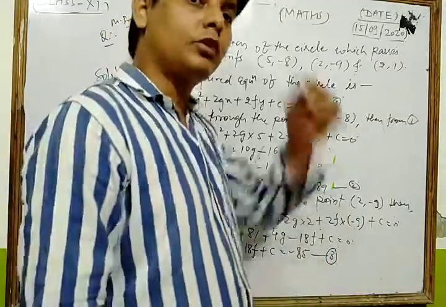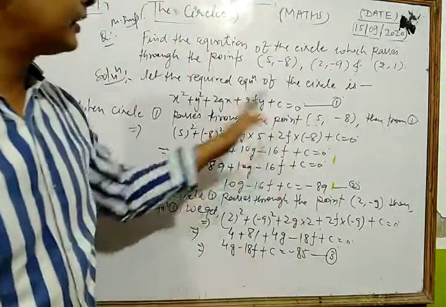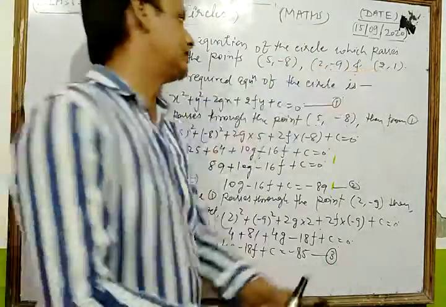Okay, similarly dear student, when circle 1 passes through the point (2, 1), let's see.